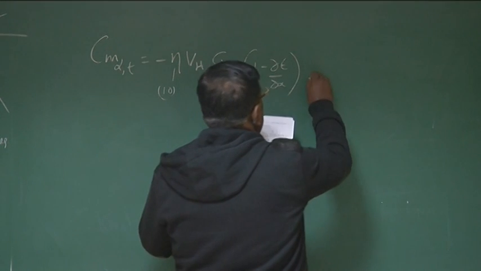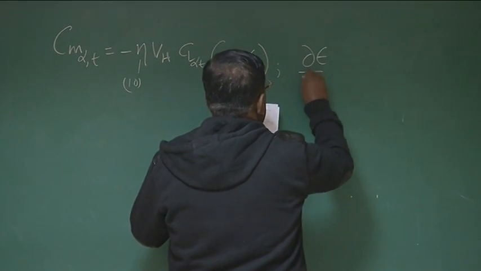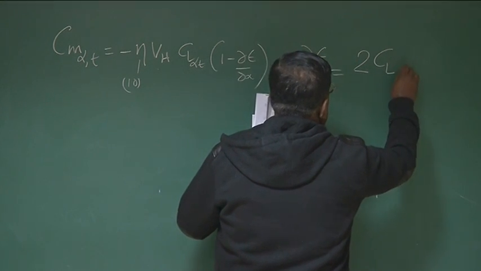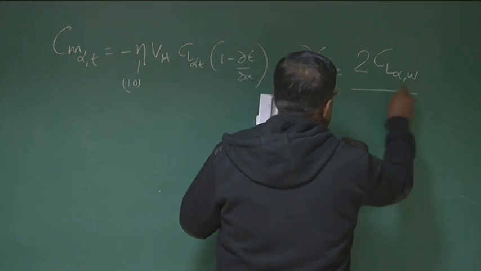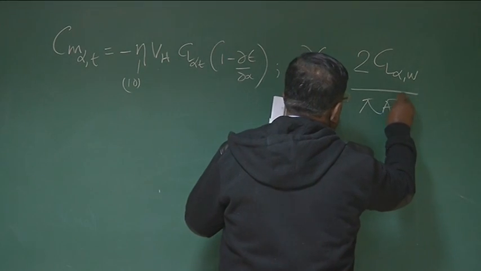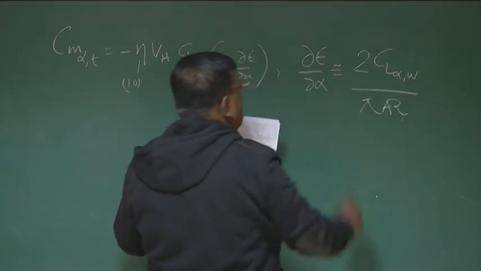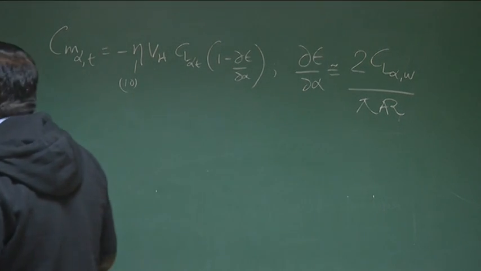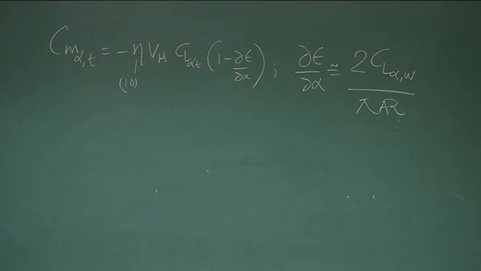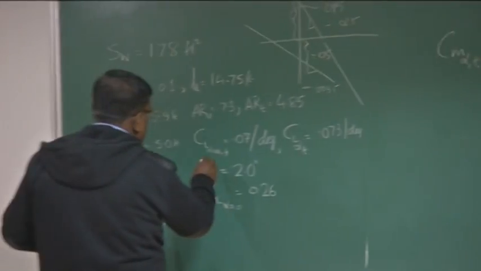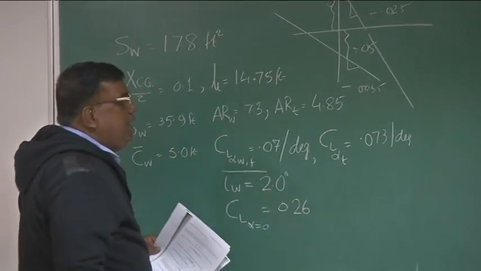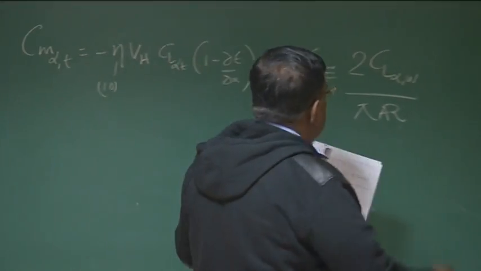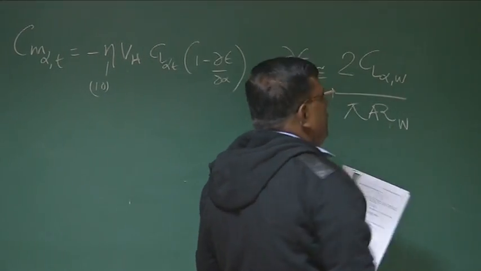And you know, already in the first course you have seen, d epsilon by d alpha I can compute as 2 CL alpha wing by pi aspect ratio. Approximately I'm taking this equal to 1. In the initial slide I have given, and now also you could see here, CL alpha wing is 0.07 per degree, and this also will be the aspect ratio of the wing.